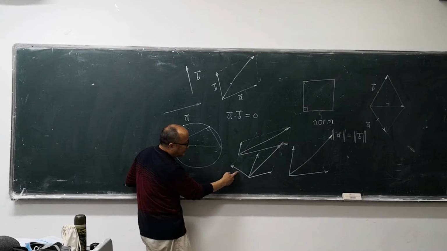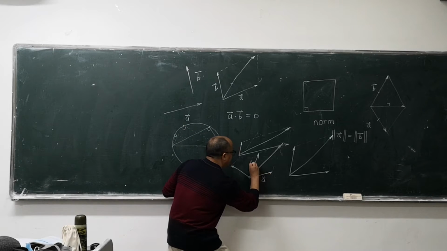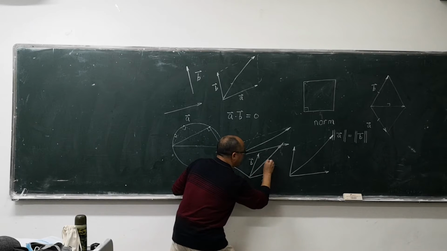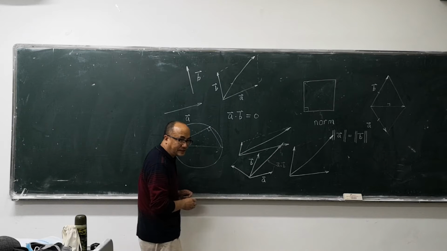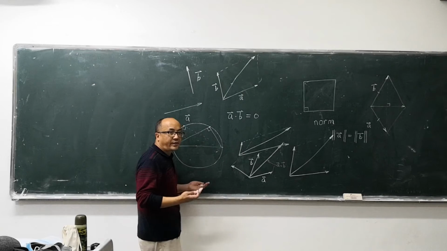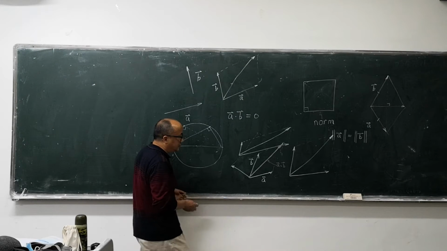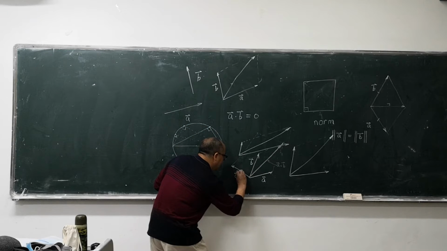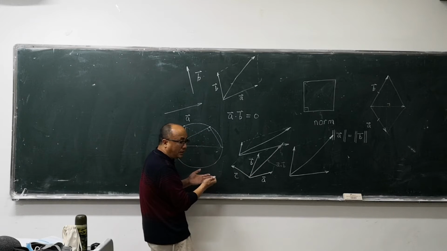This is C. This is A. This is B. This is A plus B. But we want A plus B plus C. Because in your country there are three parties, not two parties. So A plus B, the red one, and C, do it one more time, the plus.